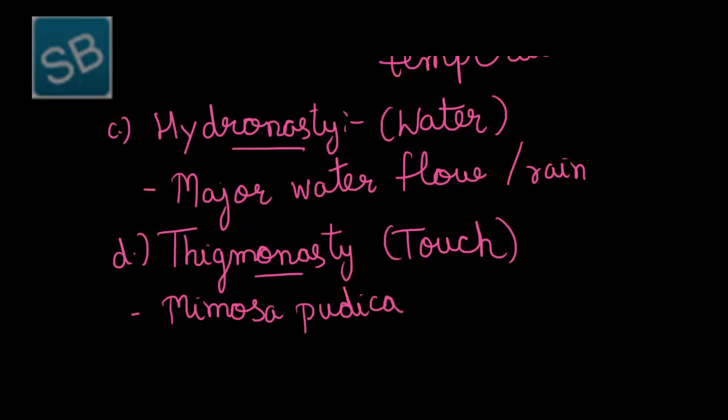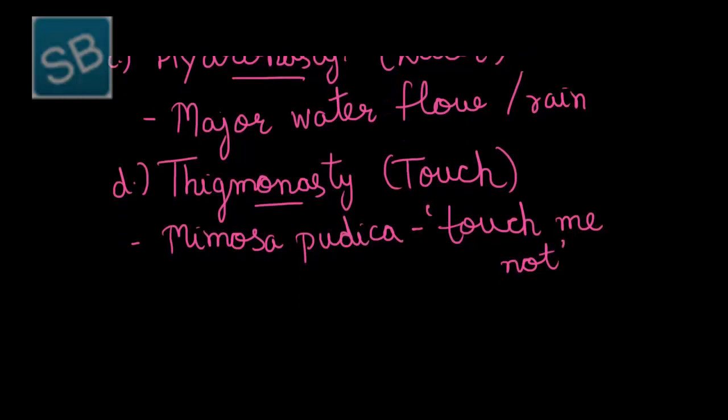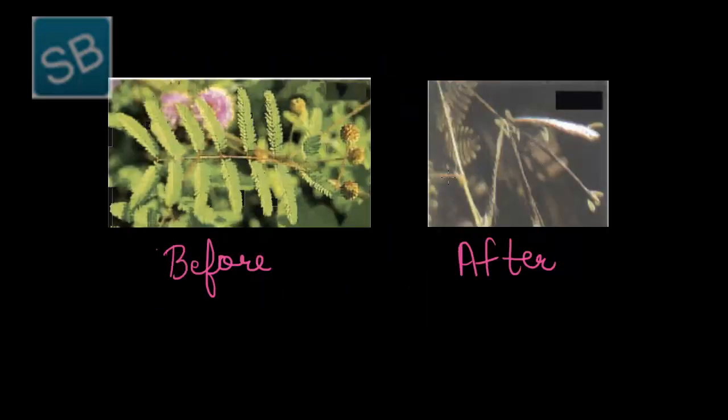This is the scientific name of the touch-me-not plant. Definitely you all might have heard about this plant because of its sensitive nature, and therefore it is termed the sensitive plant. This figure depicts the structure of a Mimosa pudica plant. As can be seen from the figure, before the touch, the plant appears normal, green and healthy.